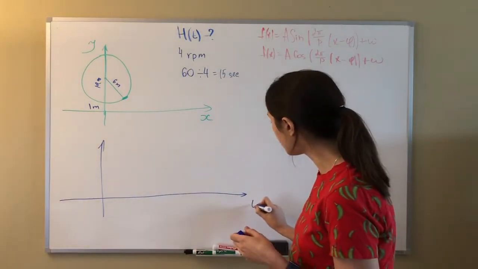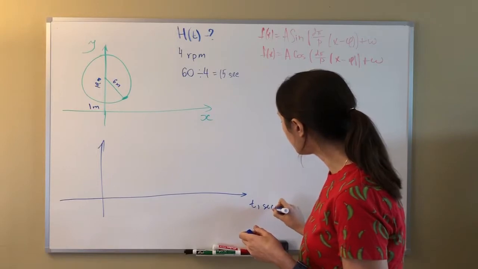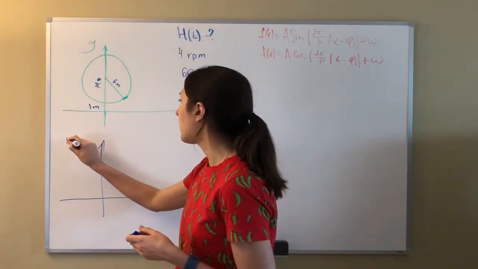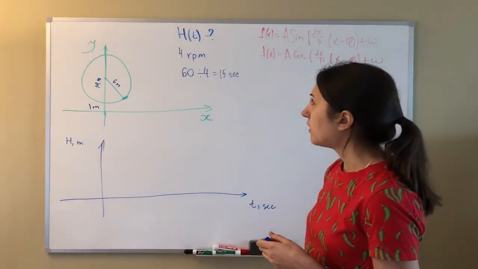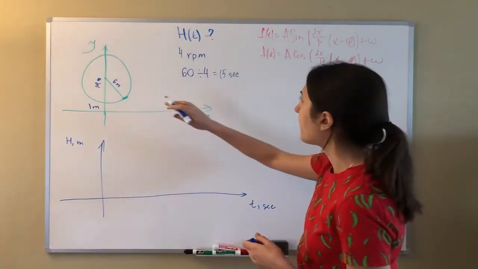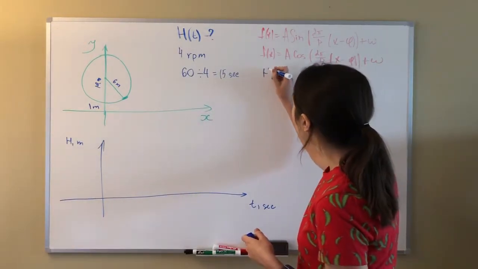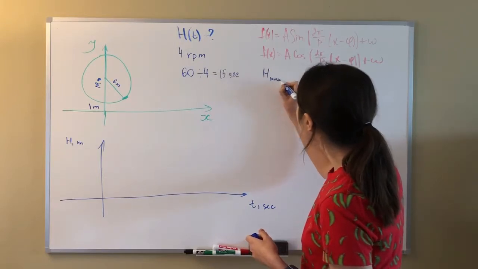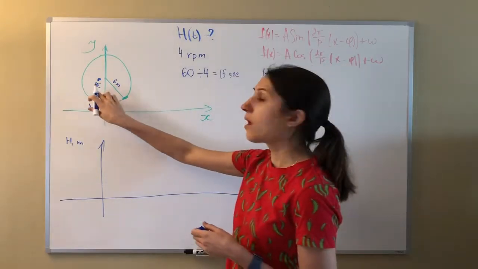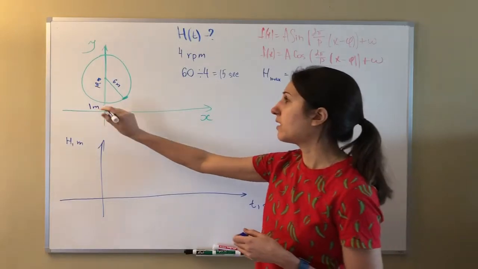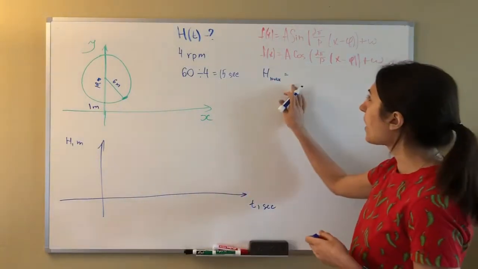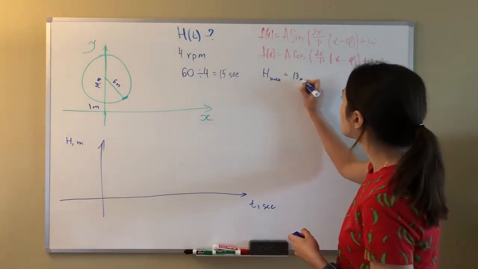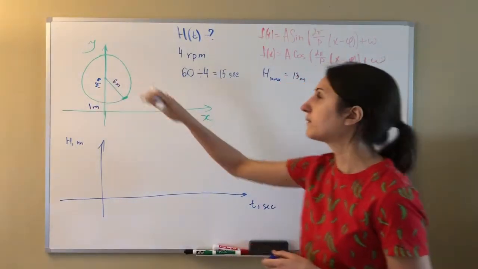So let's say this is our time in seconds. This is our height in meters. Now, let's find our maximum value. Since this is a 12 meter diameter and the minimum point is 1 meter above the ground, the maximum height will be 13 meters, or 1 plus 12, right?